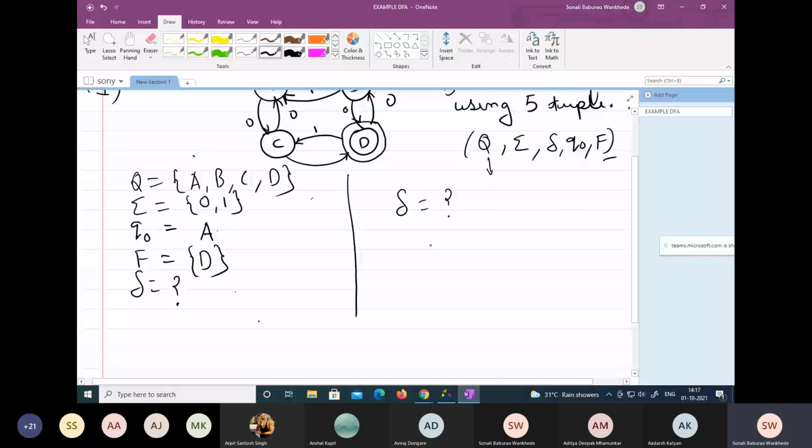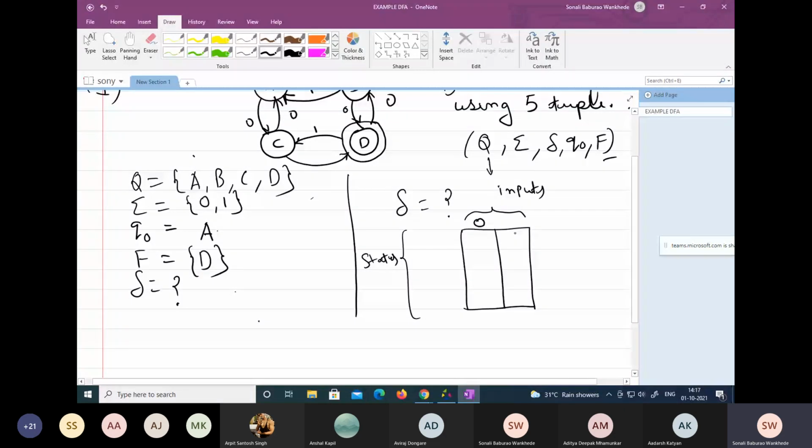Okay, for example, check this. I'm making a table over here with the number of inputs and the number of states. Here I will represent my states, and here I will show my inputs. What are my inputs? My inputs are 0 or 1. See, check everywhere, it is either 0 or 1.